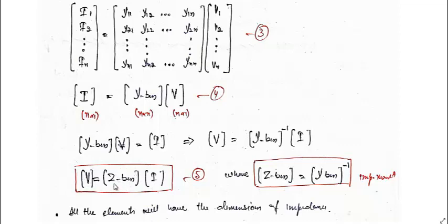That's why it is known as Z bus. All the elements of this Z bus will have the dimensions of impedance. As I have told you, whenever anything multiplied by the current gives the dimension of voltage, the dimensions of this constant have to be impedance. That's why it is known as Z bus.